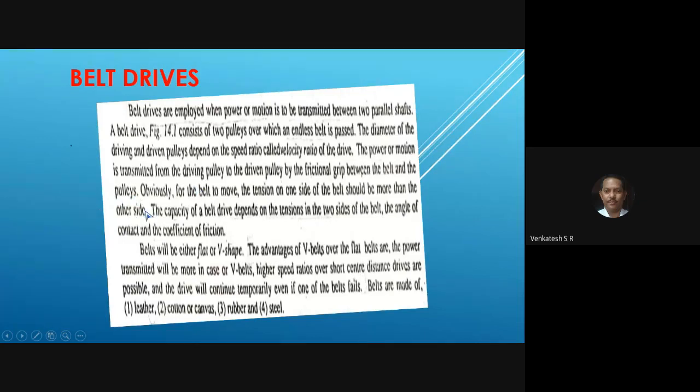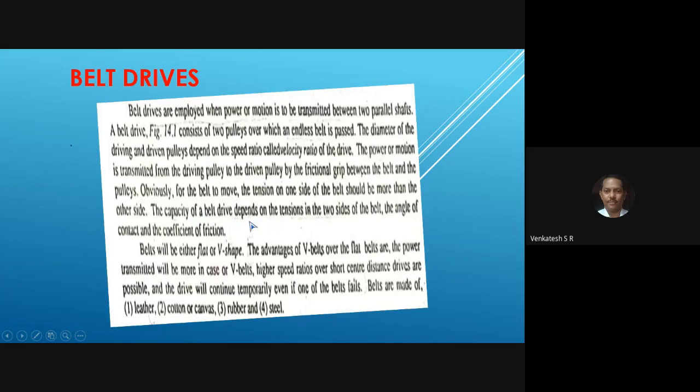In bracket, write down tension and slack side. Slack, S-L-A-C-K. Tension and slack side.